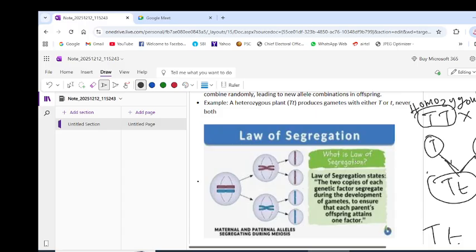That we have already seen in this crossing also. Only one factor is attained from each parent, from the paternal side and from the maternal side.